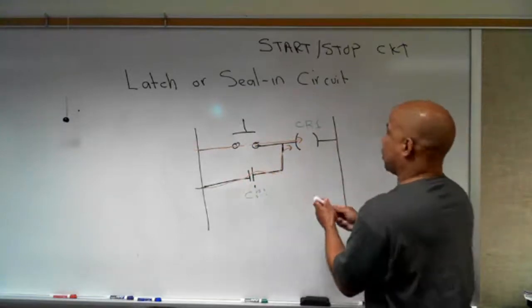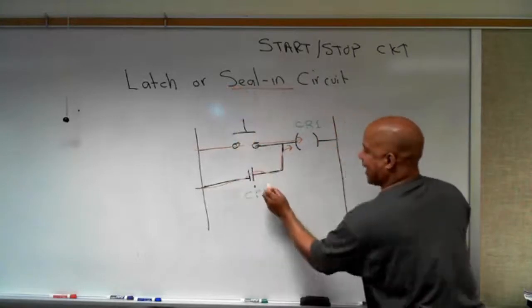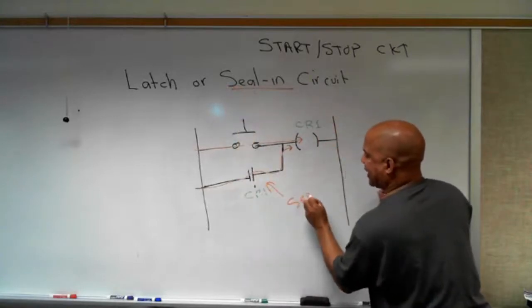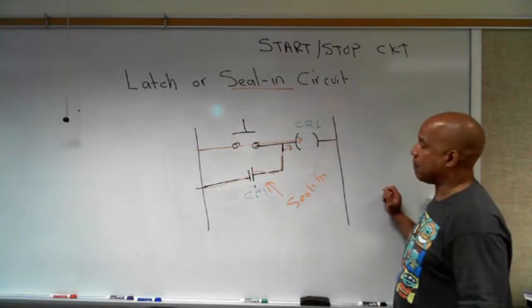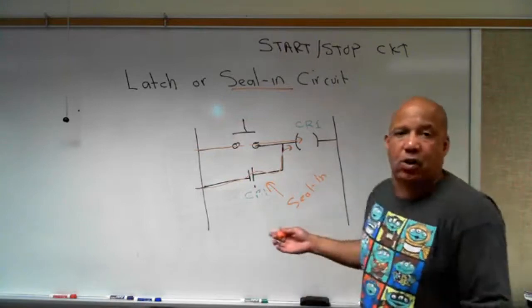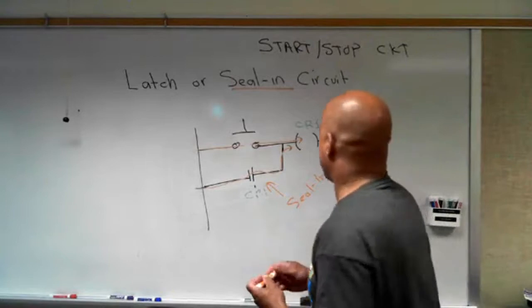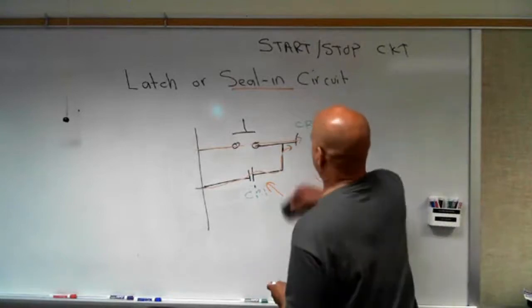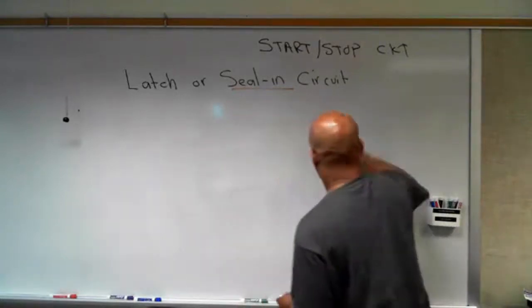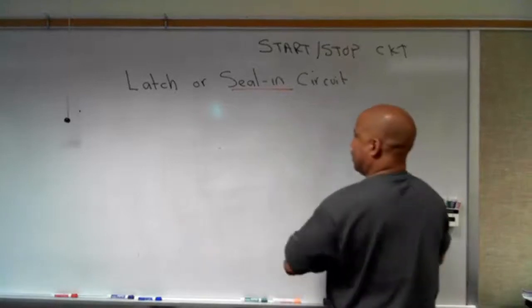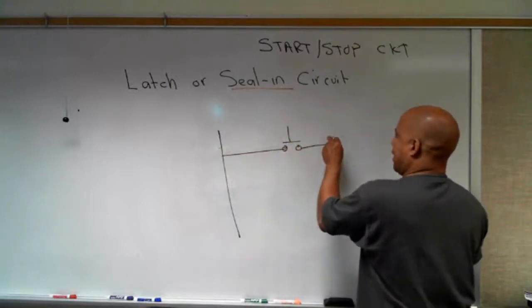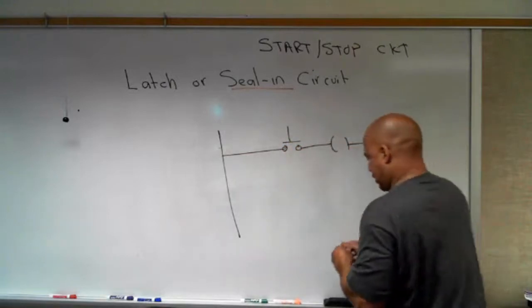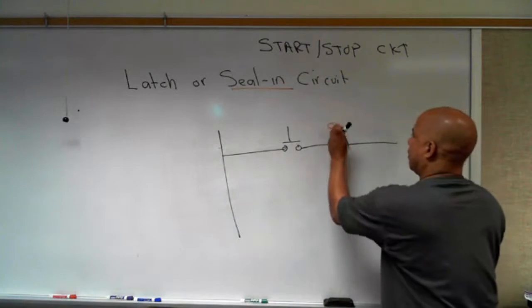This right here, when we use the term seal-in, this is actually the seal-in contact. So that thing is locked on. Now it's stuck on, there's no way to turn it off. So typically when you do this, you'll have your push button, and you have the thing that you're controlling, your coil.